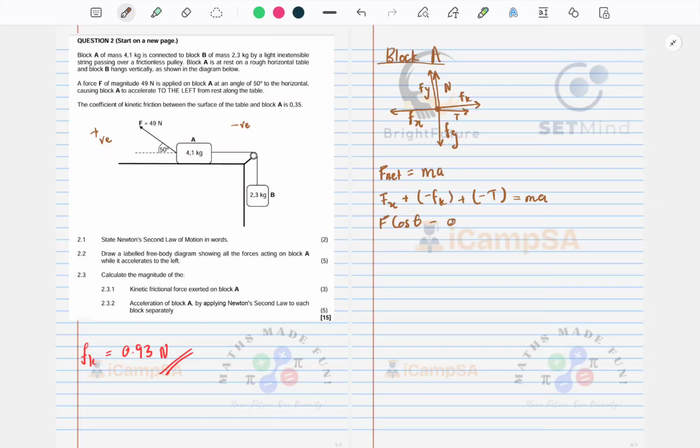We say F cos theta, 0.93, minus T equals the mass, 4.1, times a.